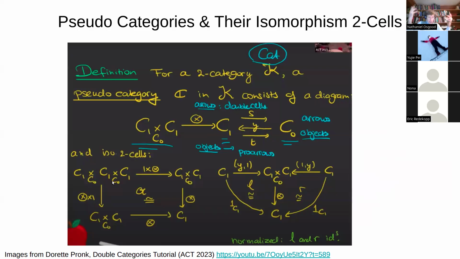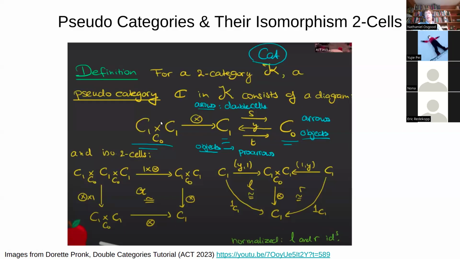Just like in Haskell, if we have A comma B as a pair within a bigger pair with C, it's not exactly the same type as A comma B comma C as a pair. It's not the same, but it's isomorphic. It's the same information. You can go back and forth losslessly. There's an isomorphism between them. That's what you have here. This is not exactly associative on the nose, but it's isomorphic.